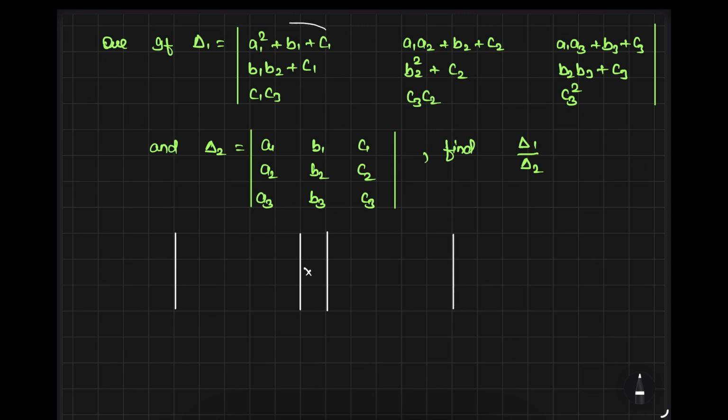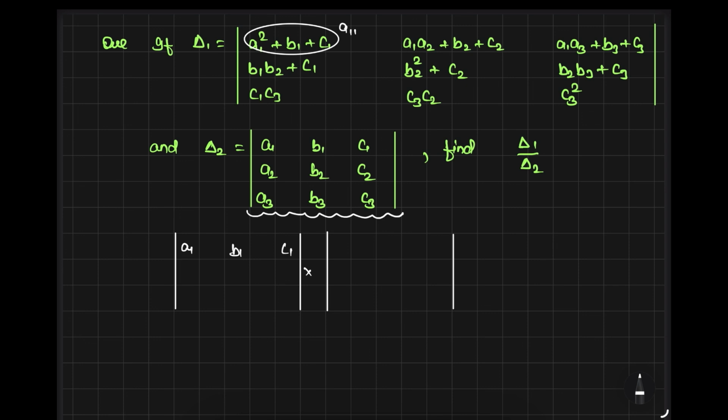So focus over here. It is a1, so the first row is multiplied with the first column. I want this determinant, that's why I want to take this as del2. So look at this, there is a1 square, so I will write a1 over here, then b1 over here, and c1 over here.